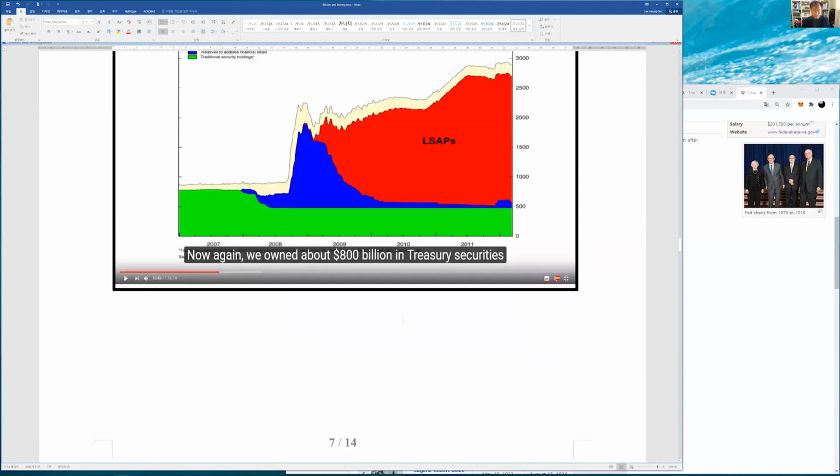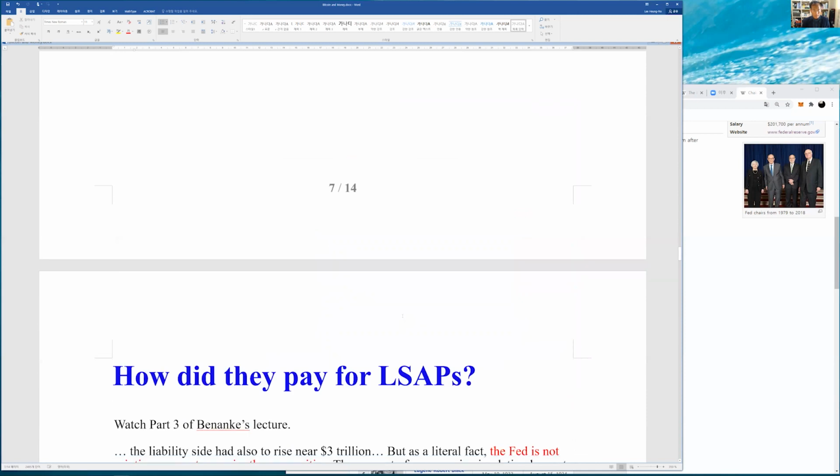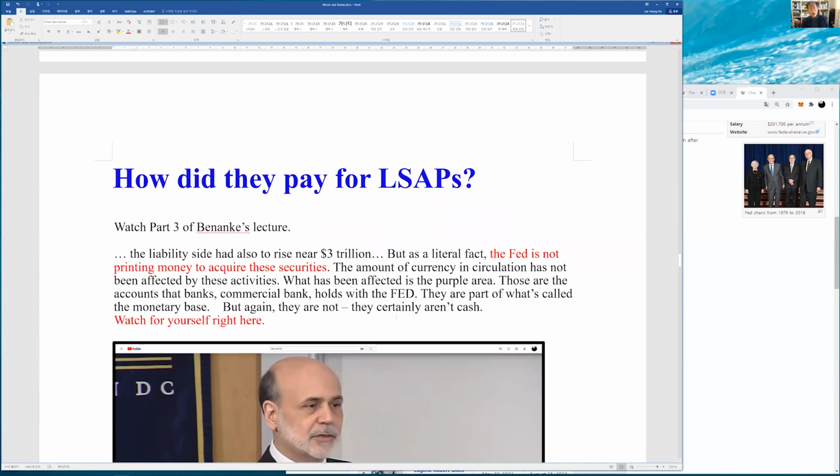Okay, and the big question is, how did they pay for these asset purchases? When one wants to purchase something, one needs to pay money, right? But where is the money that the Fed got to purchase these assets?